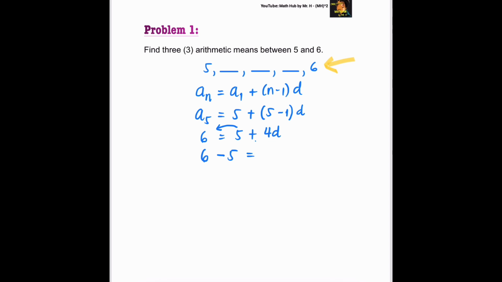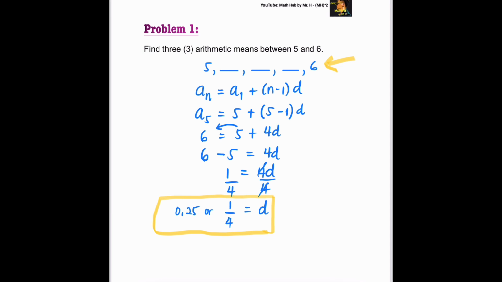And 4d as a positive term stays, so we just copy positive 4d. And simplify, 6 minus 5 is 1 equals 4d. And then divide both sides by 4. And you can see that d, or the common difference, is 1 over 4, or 0.25.